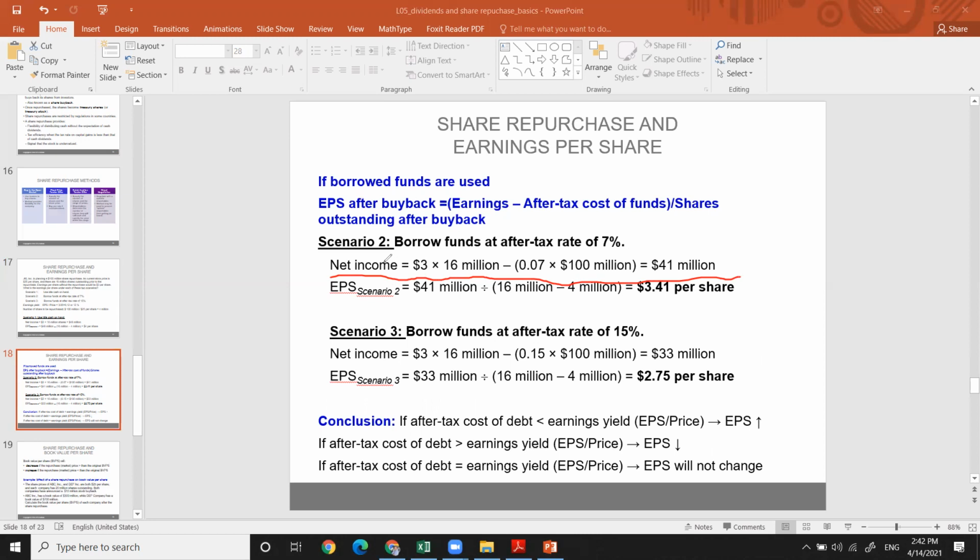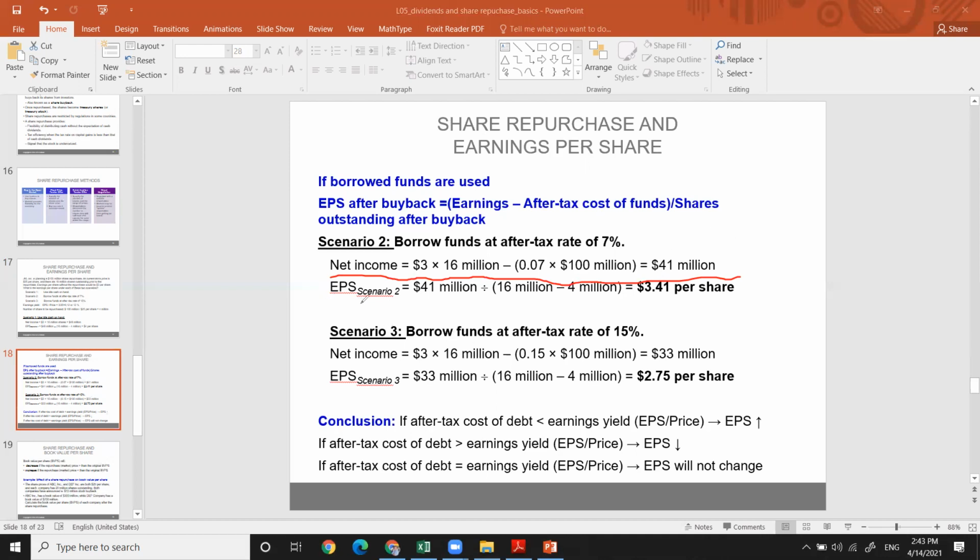We subtract the interest because when we derive the net income, the interest is deducted before paying the taxes. So we subtract the interest here as well. It gives us 41 million as a net income or earnings.